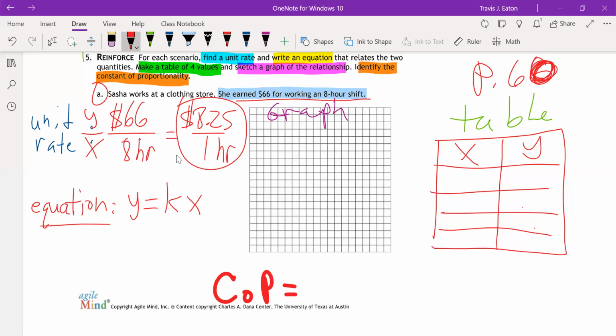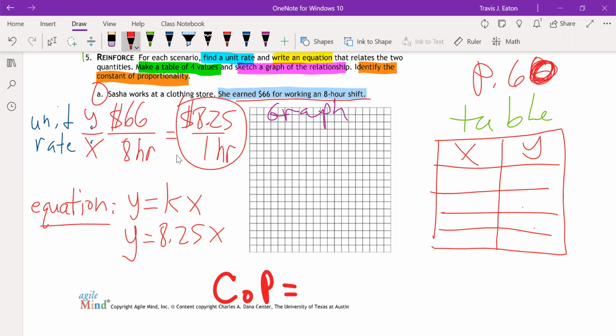So the output is equal to the constant multiplied by the input. In this case, the amount of money that she makes is equal to $8.25 multiplied by the number of hours that she works. Okay, now we've written the equation.